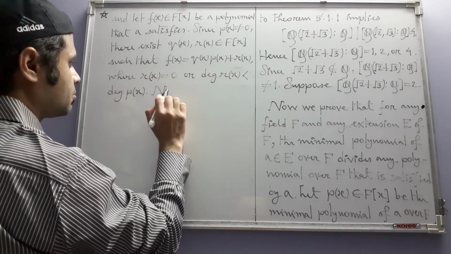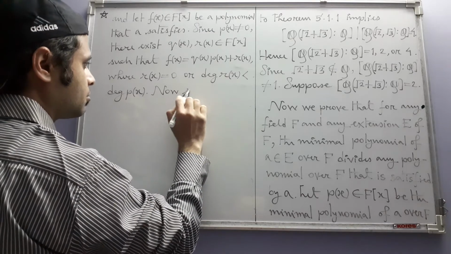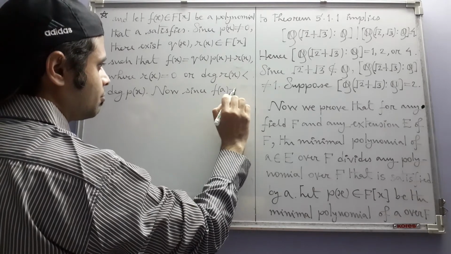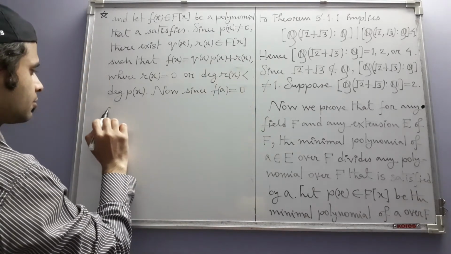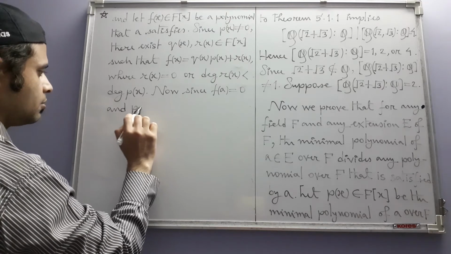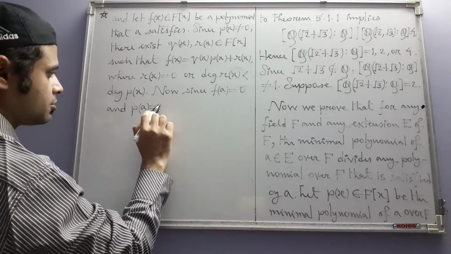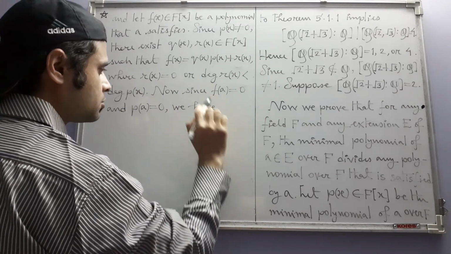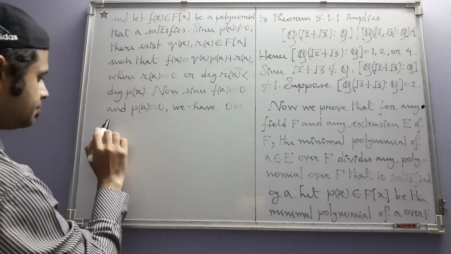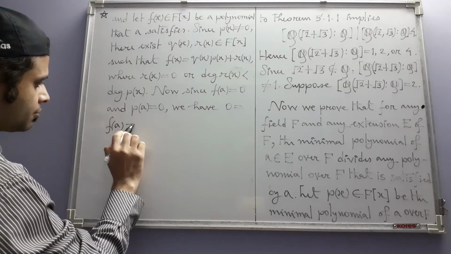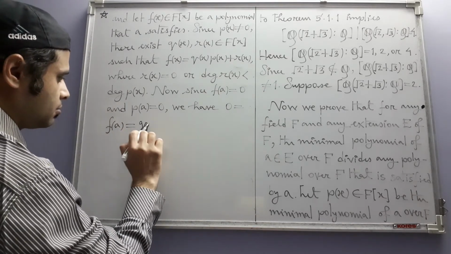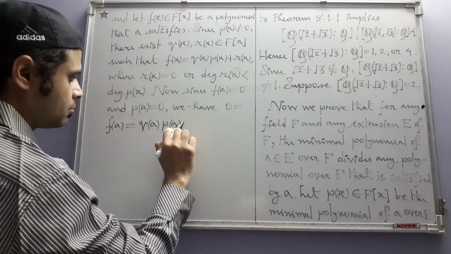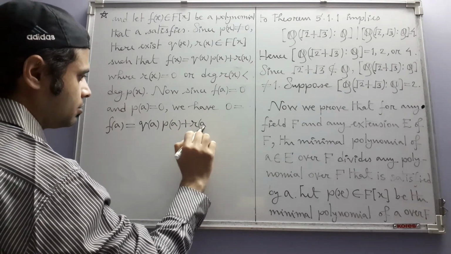Now since f(a) is 0 and p(a) is also 0, so we have 0 equal to f(a), this is equal to q(a) times p(a) plus r(a).